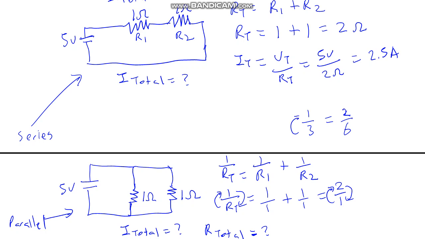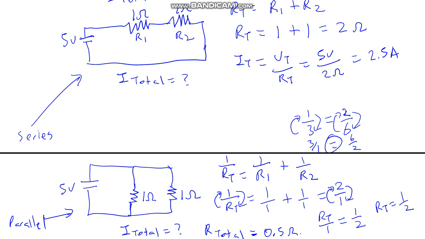As long as you do the same thing to both sides, this becomes 3 over 1 is equal to 6 over 2, which is still equal. So here, when you flip it, you get RT over 1 is equal to 1 over 2. And anything over 1 stays as it is. So RT is equal to 1 over 2, which is 0.5 ohms.